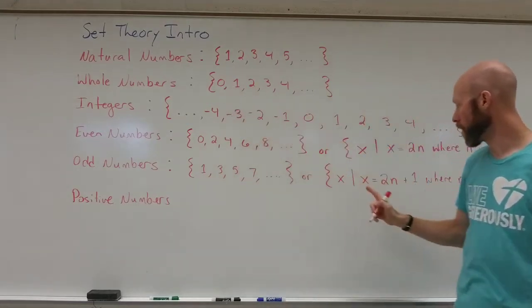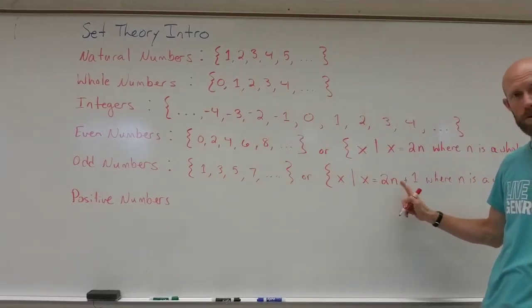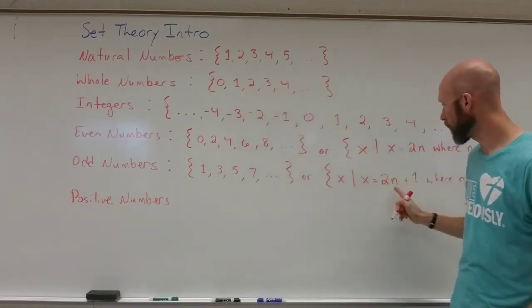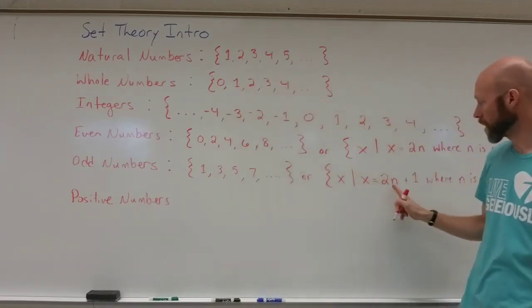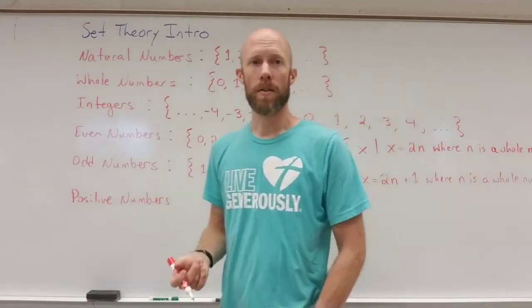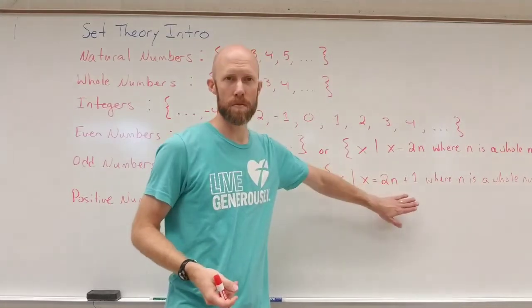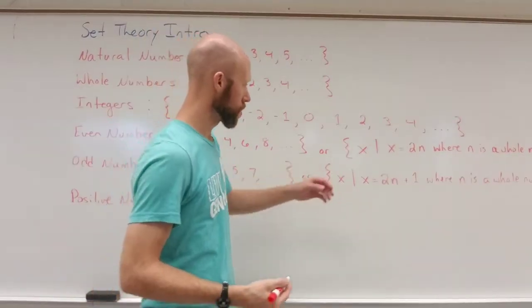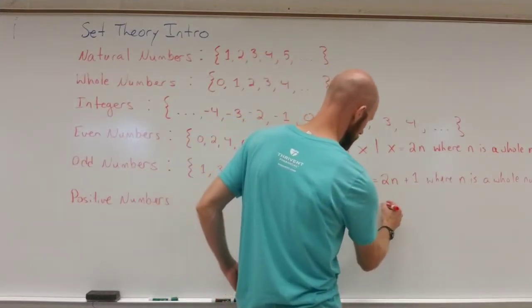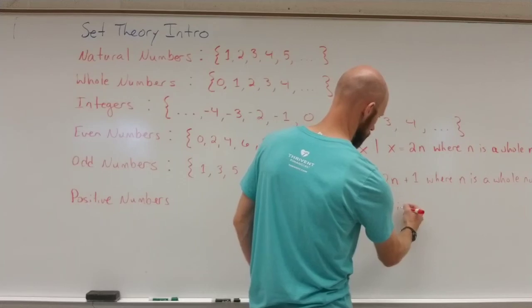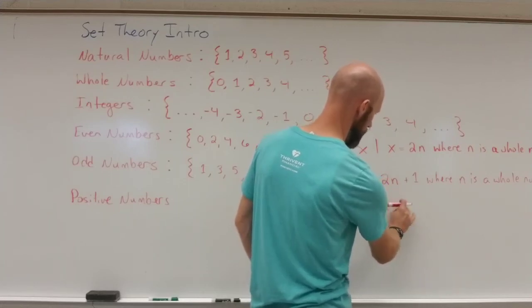Then you take 1, 2 times 1 is 2, add 1, you get 3. For any whole number, if I take the number 4, plug it in, double it, I get 8, add 1, I get 9. And so this is a very well-defined and specific way to create odd numbers. You can also do 2n minus 1, where n is a natural number.